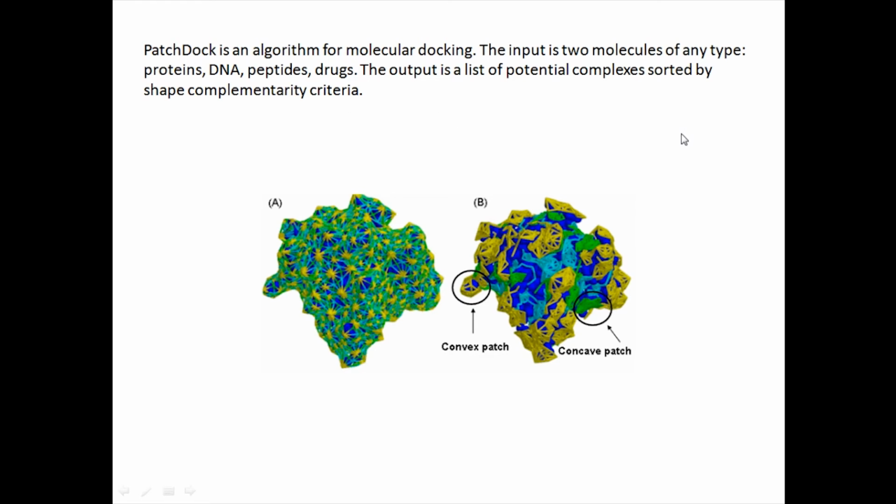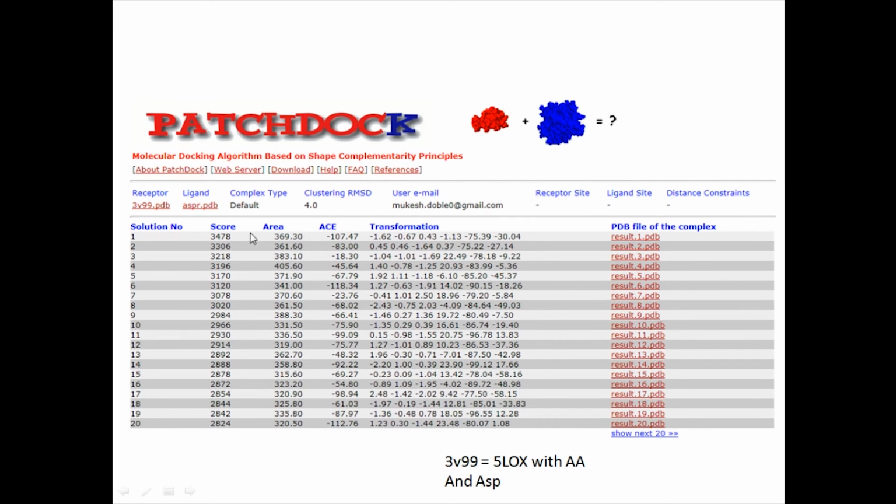It's just based on shape complementarity criteria. If you have a concave and the other ligand has a matching convex, we can say there could be an interaction or binding here. So this gives you the score on that.